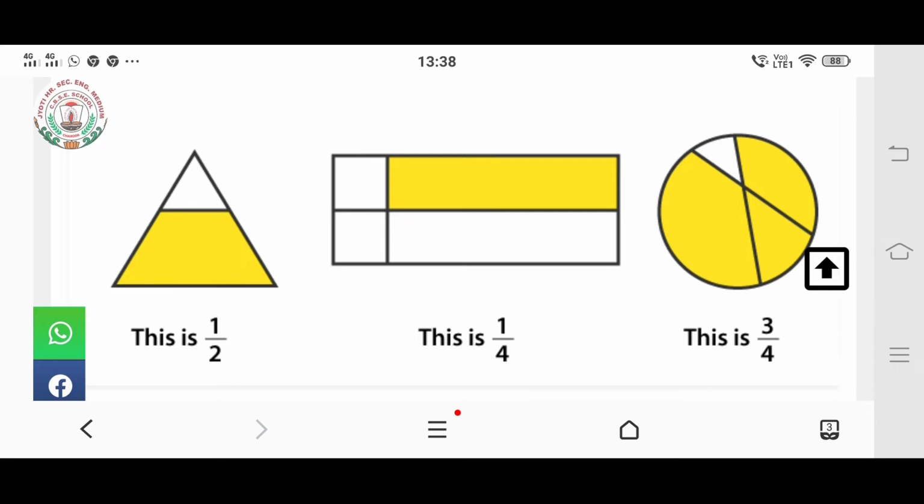In the first question and second question we have seen that the total number of parts or the shaded part, whatever was given, either to identify the fraction or to color the fractional part, just equal parts were given. But here you can see the two different parts of the triangle, they are not equal. So you cannot write here 1 by 2.